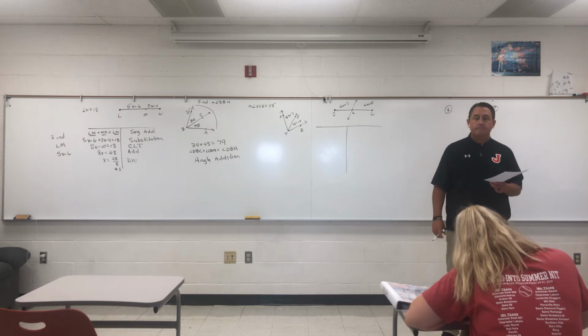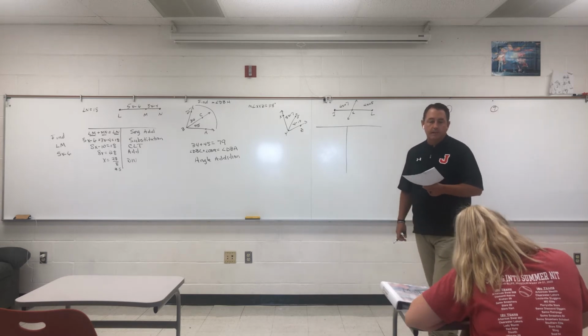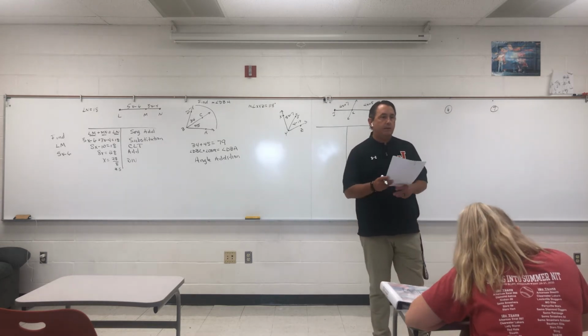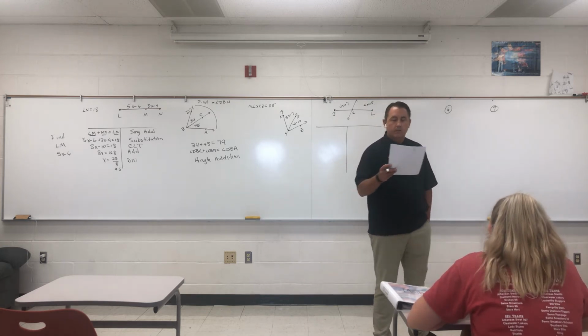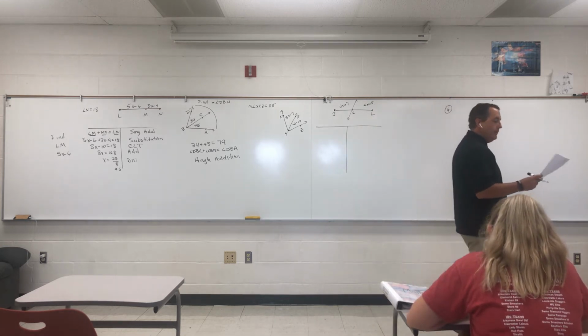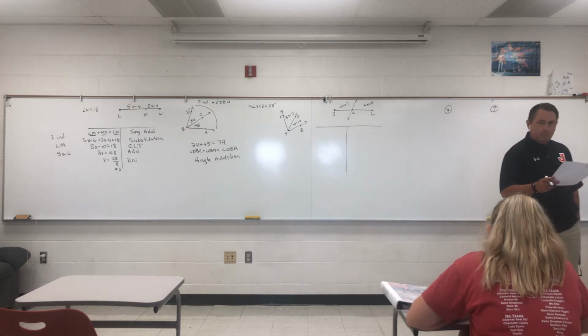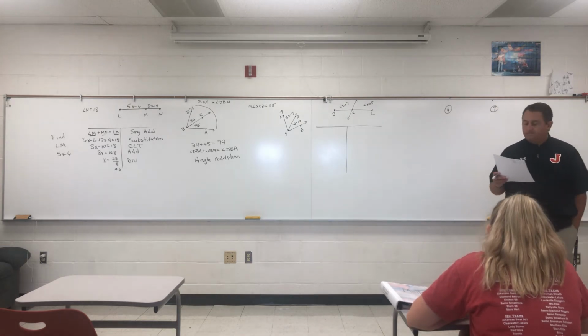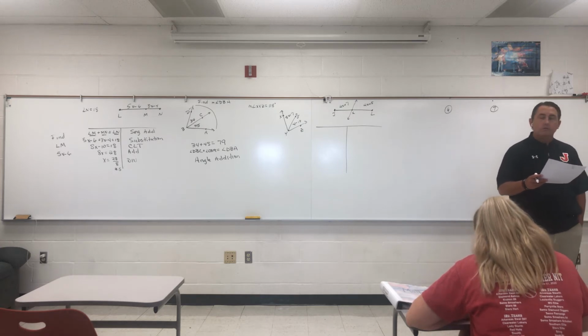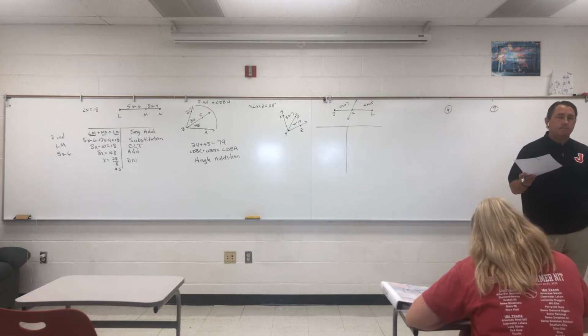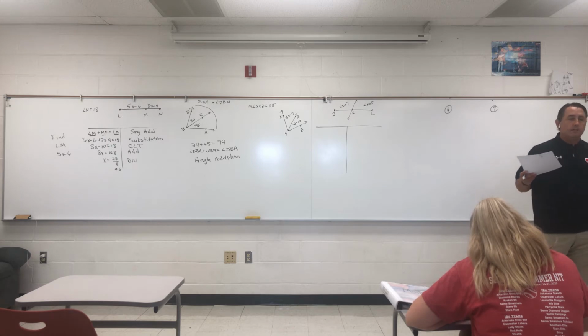AOB. Does everybody see where the AOB would be in the picture? That's one angle, isn't it? One part, plus what would be our other angle, BOC, and it would equal AOC. That's an angle addition statement.